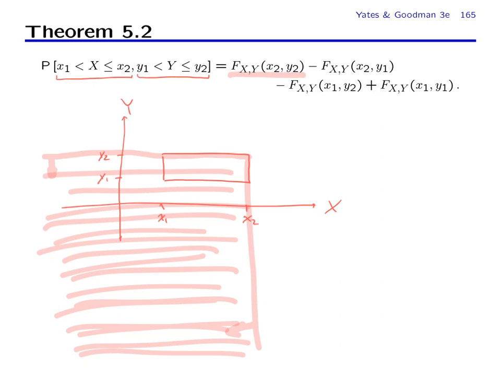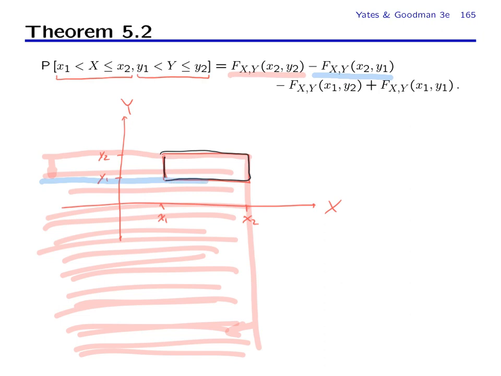So this is clearly overcounting the probability of being in the box we're actually interested in. So the next step is to try to subtract away the probabilities of areas that we're not actually interested in. The first area we'll subtract is the probability x is less than x2 and y is less than y1.